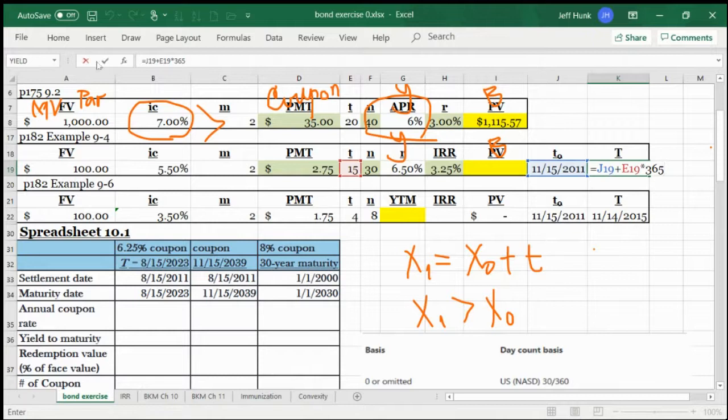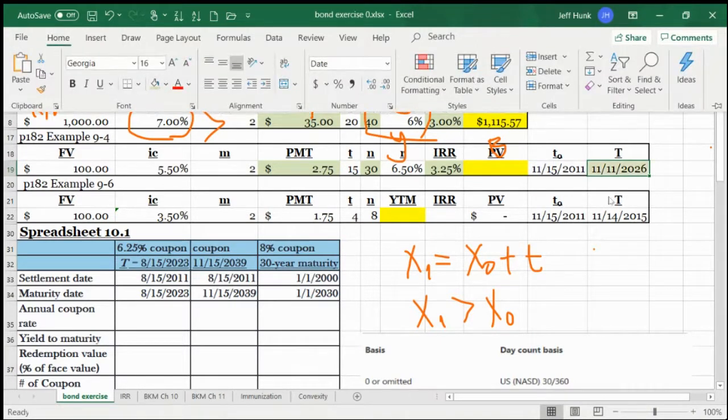And you might wonder, can you not just add 15? No, you can't. If you have a calendar date here, it will recognize it as number of days, right? It's 15 years, not 15 days, so I had to multiply it by 365.